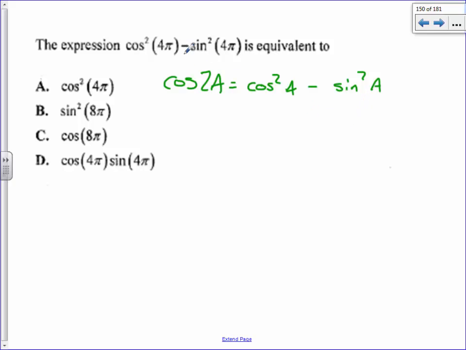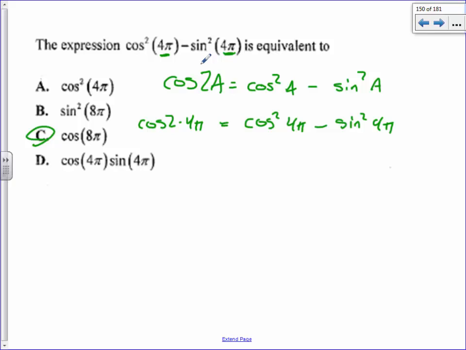So in our example, a must be 4 pi, because we have cosine squared of 4 pi minus sine squared of 4 pi. That means this must be equivalent to the cosine of 2 times 4 pi, and 2 times 4 pi would be 8 pi. You should be able to type in cosine 8 pi, get an answer, then type in all of this stuff up here, and it should be the same number. So you're going to double check.